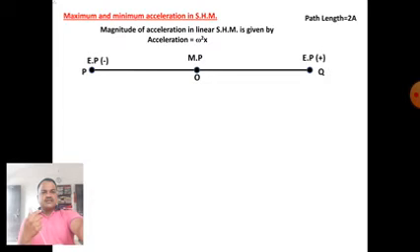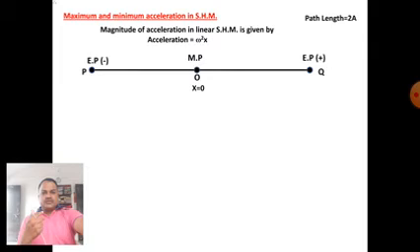Here path length is equal to twice the amplitude, because OQ and OP are the maximum displacement of the particle, called amplitude A.